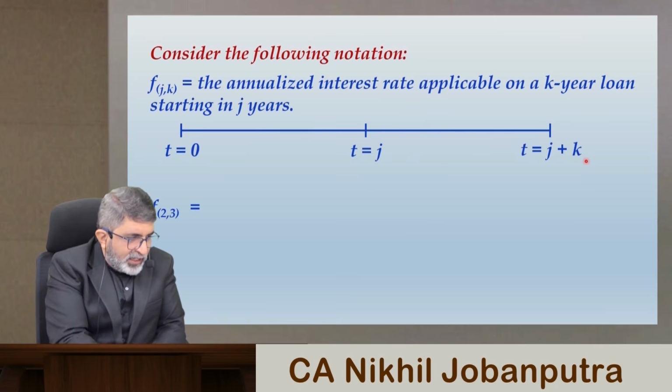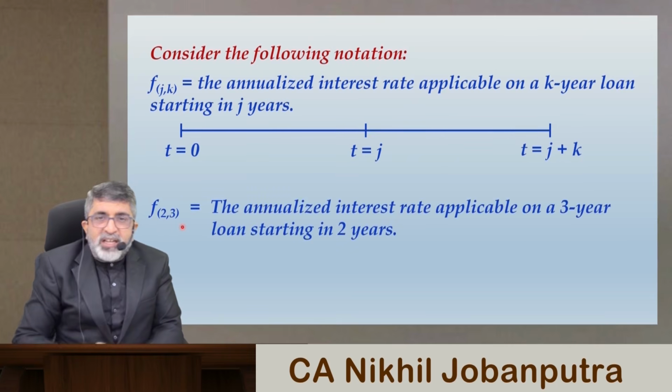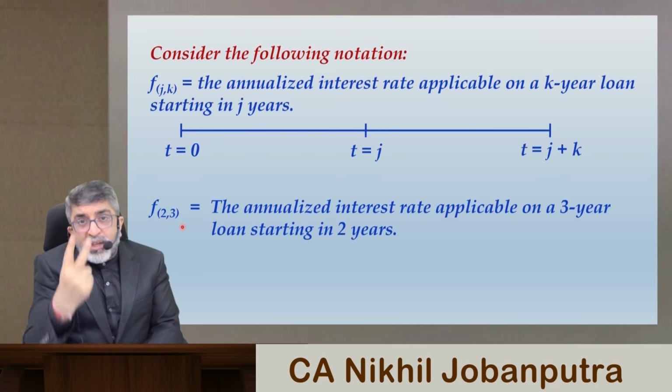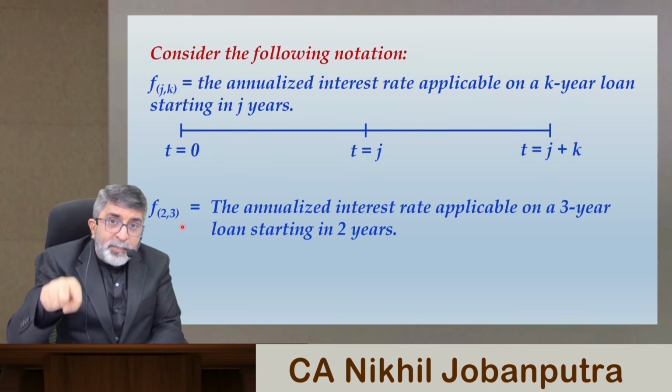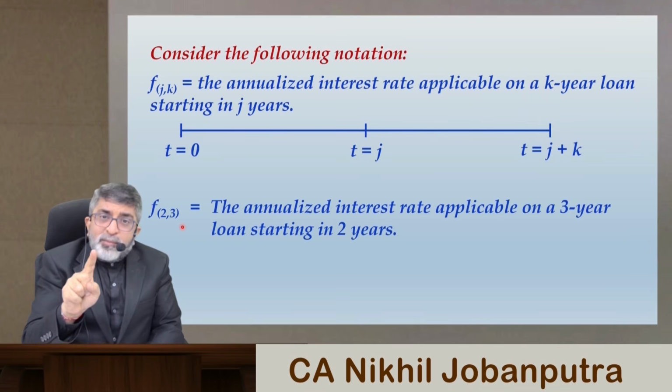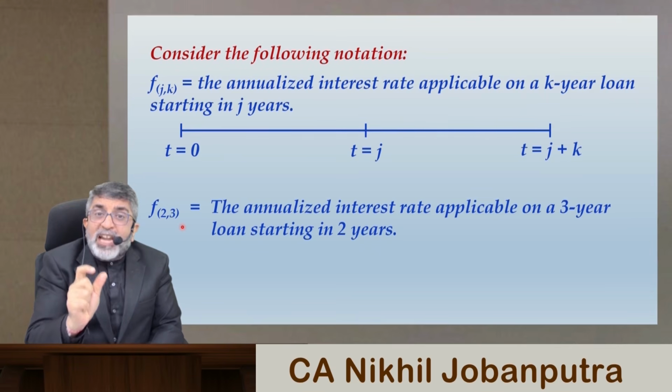Mathematically, if I write f2 comma 3, in j comma k format, 2 comma 3 would mean the loan will initiate in 2 years and the loan will be for a period of 3 years. But the rate will always be the per annum rate, that is the annualized rate.